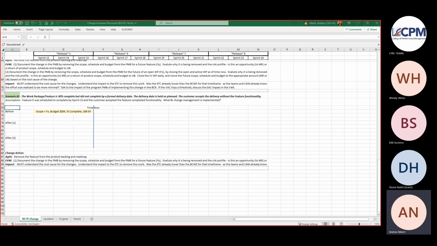So note the words, the customer accepts the delivery without the feature functionality. I'm going to go ahead and update this. And let's say that features X, Y, and Z are part of the delivery.